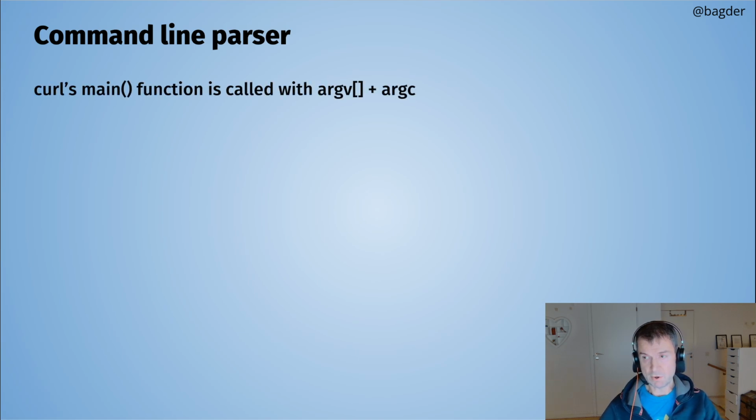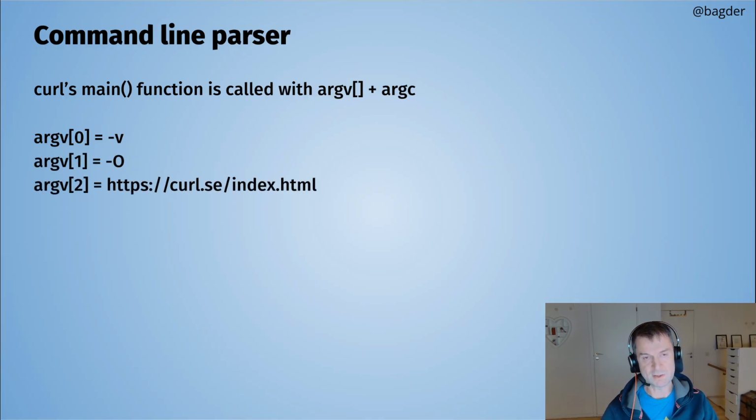So the curl main function is really the first function in the curl command line tool. It gets a list of all the command line arguments that the shell split up for us, a list with the options. So the first one is -v, the second one is capital O, the third one is the URL.